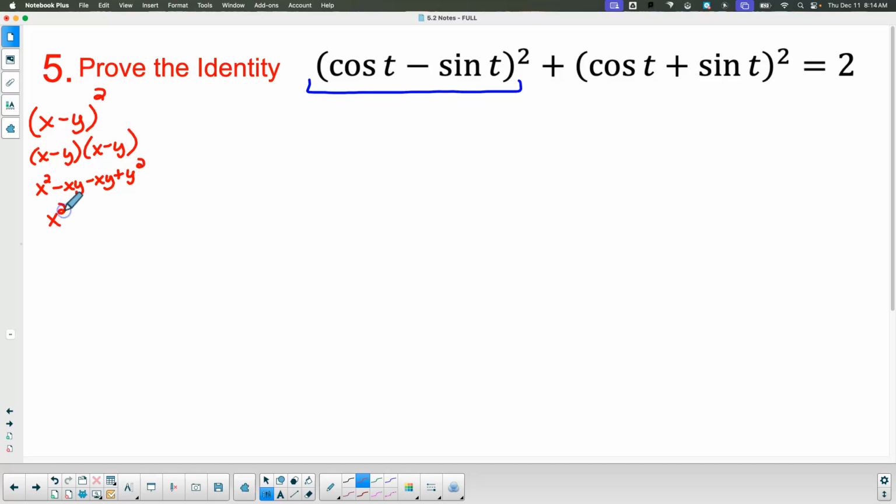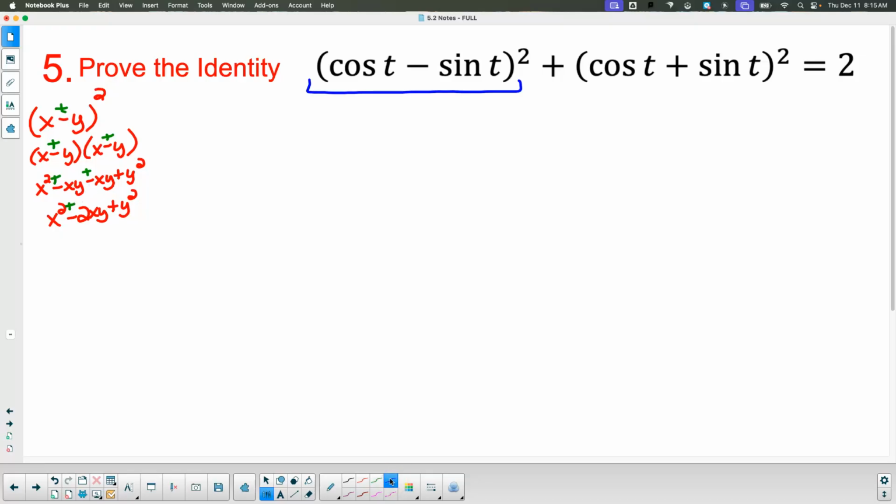So that's x squared minus 2xy plus y squared. Likewise, if it were plus, then this would be plus, plus, and plus. It's not just square each term and move on with your life. There's those middle terms that come into play.